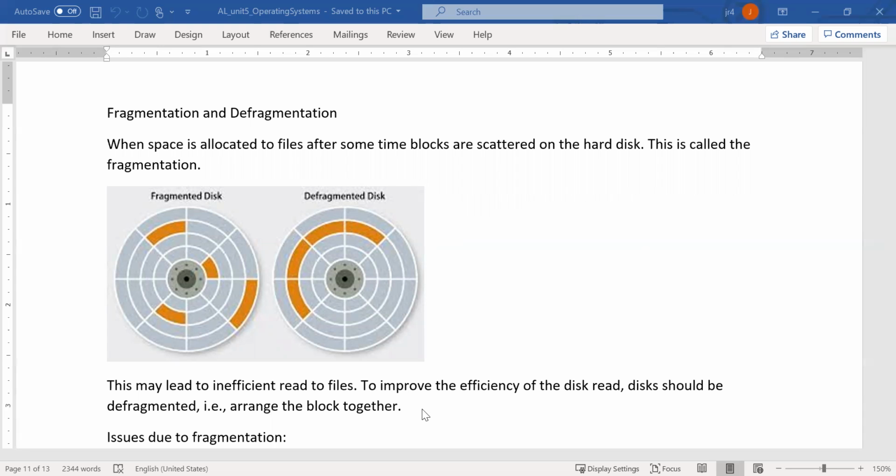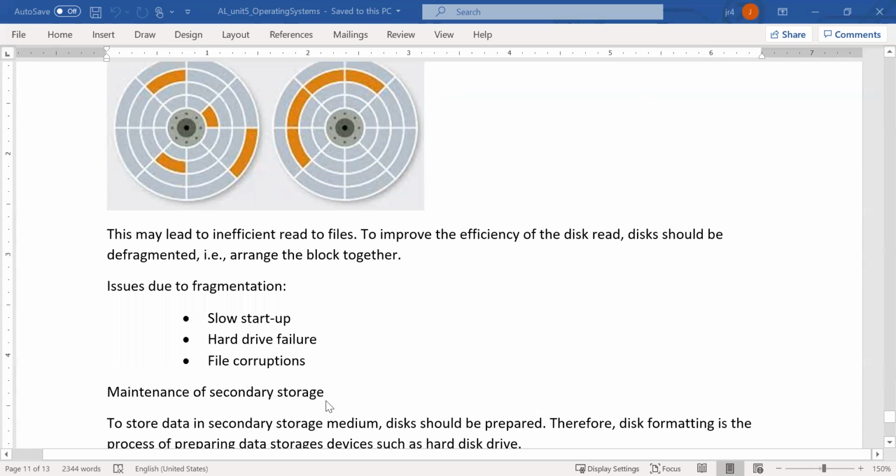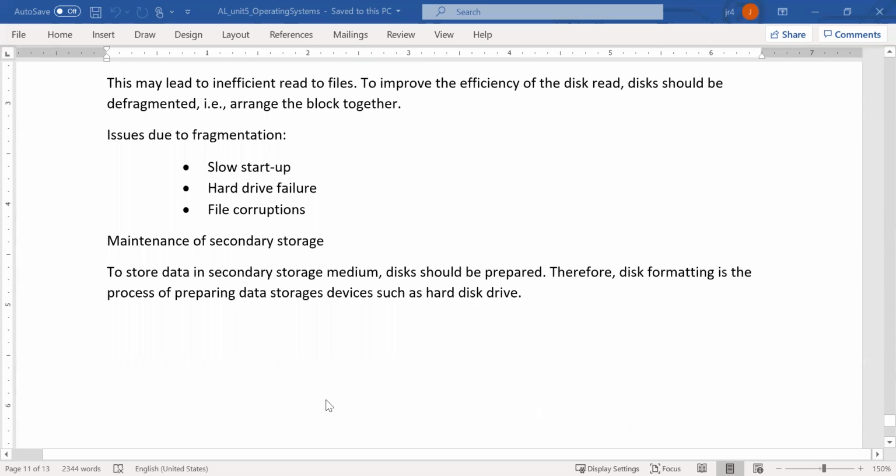That process is known as defragmentation, right? So when you have fragmentation, slow startup is there, higher drive failures could happen, and file corruptions are there. So you better defragment.